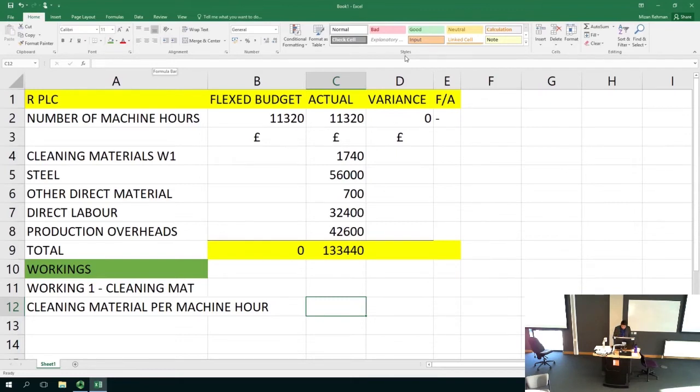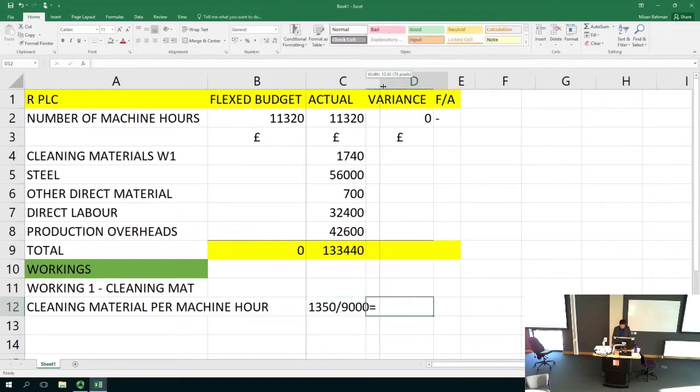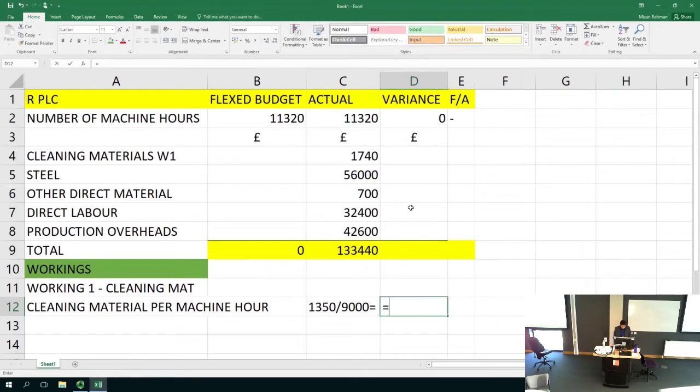My original budget was $13.50 and my original hours were 9,000. So cleaning material per machine hour is 15 pence.